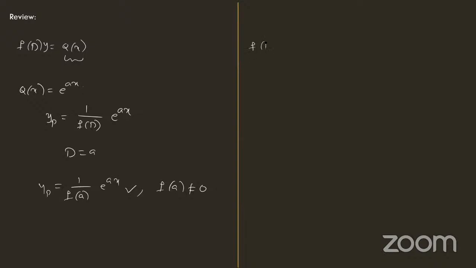Similarly, as we discussed yesterday, when the right hand side function is either a trigonometric sine or cosine function, it may be either sine ax or sine bx, whatever you take, or a cosine function of this kind, then we write the particular integral as 1 by f of D. For example, if it is sine ax, we assume this as a function of D square, so that we replace D square by minus a square.